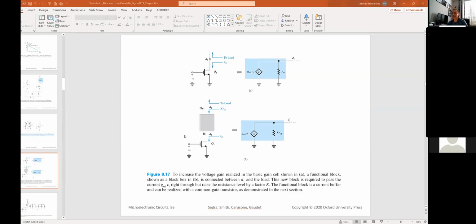And if you go back to the basic configuration for single transistor amplifiers, the one configuration that gives us that capability to do impedance transformation is the common gate amplifier, or a common gate transistor. Okay, so that's what we're going to add to the basic gain cell to lower the effect of the load on the gain of the overall amplifier.